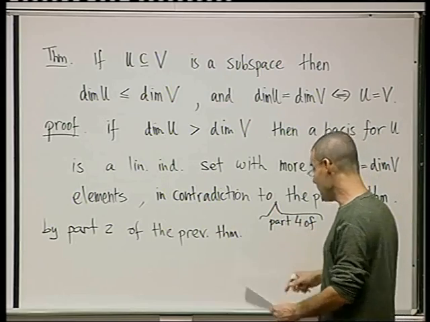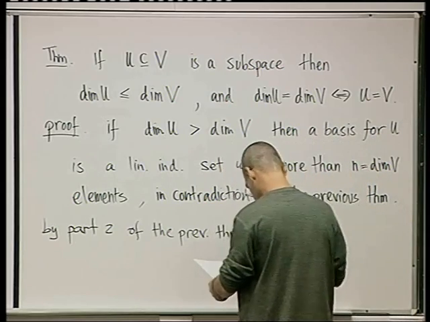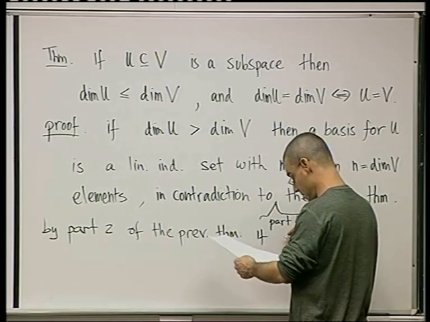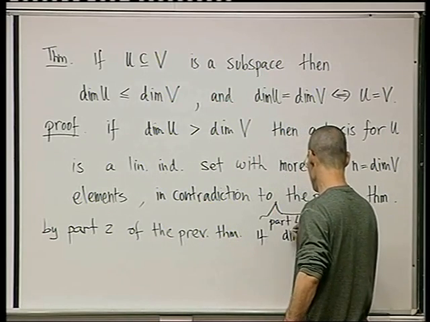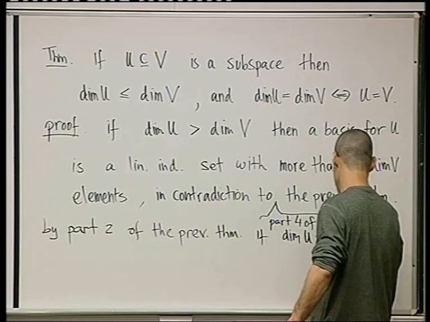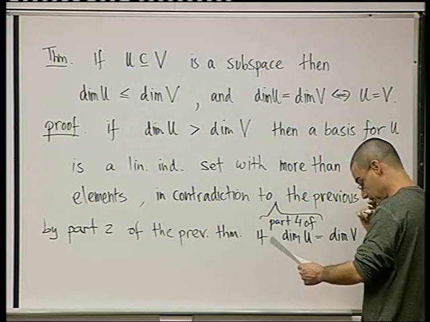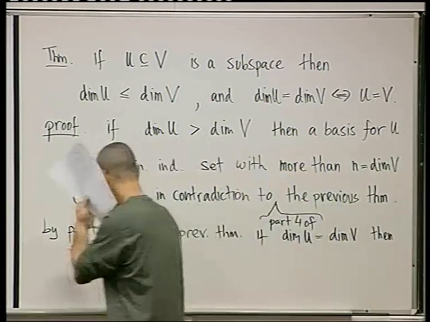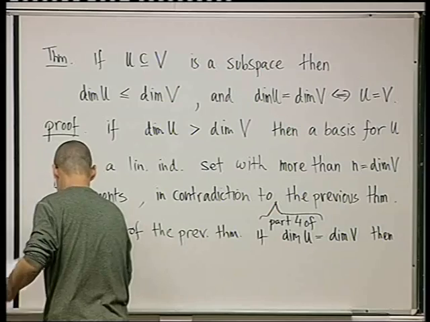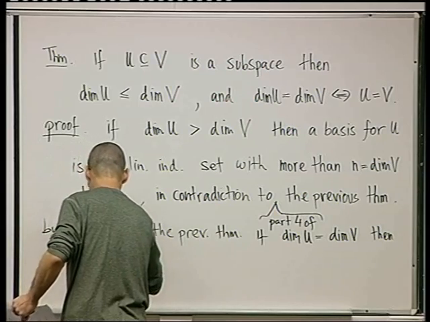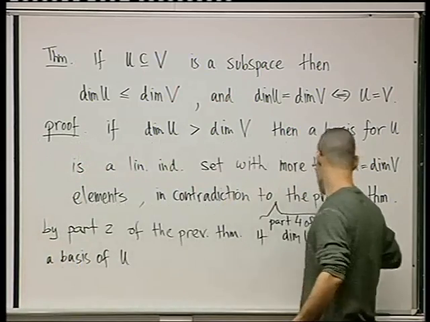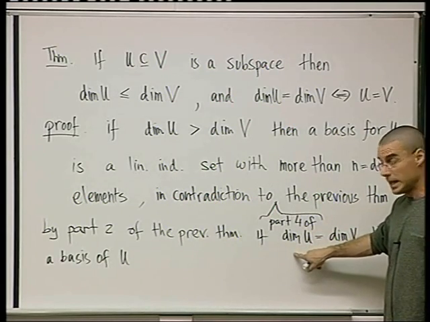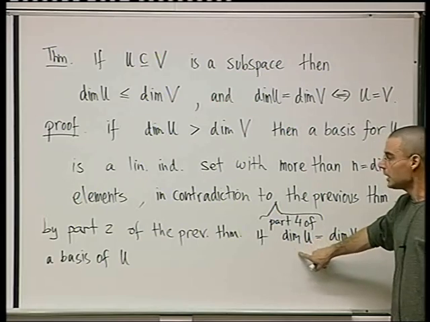Okay, so by part 2 of the previous theorem, suppose the dimension of U equals the dimension of V. Take a basis for U. It's going to have n elements, right?